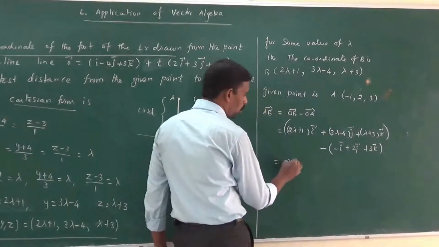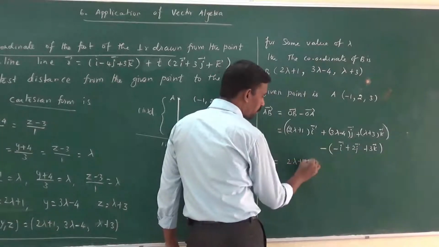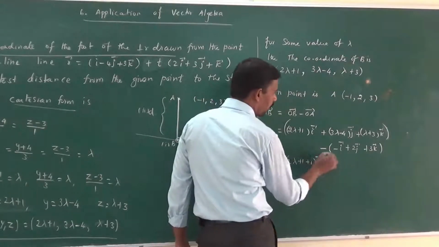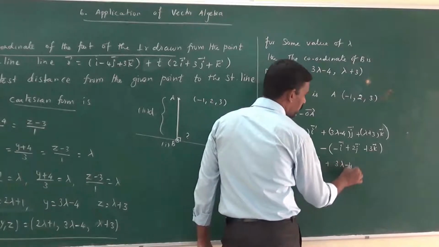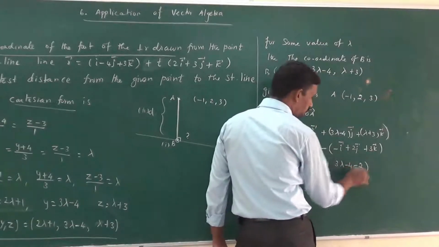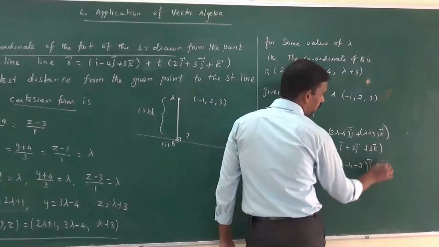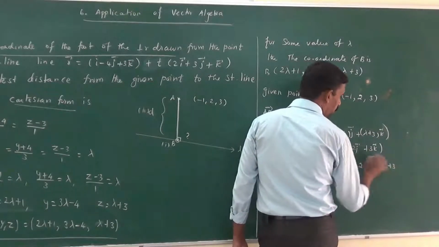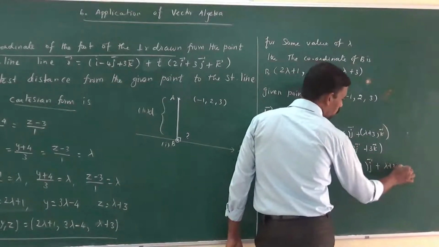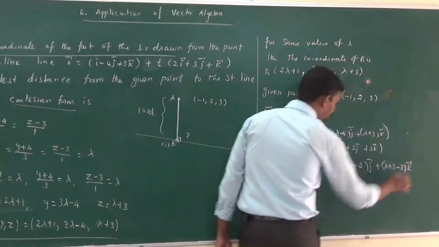This one, 2 lambda plus 1 minus of minus 1, into I vector, plus here 3 lambda minus 4 minus of this one, minus 2, into J vector. Here lambda plus 3 minus of plus 3, so minus 3, into K vector.